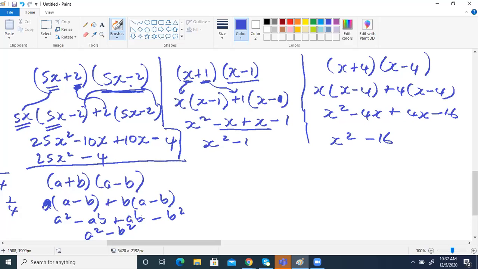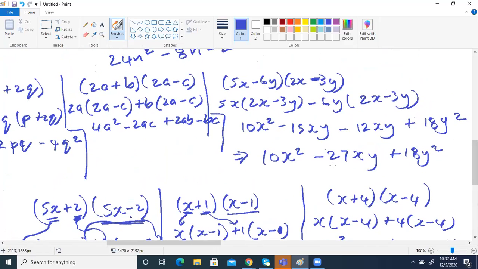I'm saying in all cases, there's no middle term. It's just two terms you end up with. Always two: we'll get 25x squared, we'll get minus 4. Unlike the ones above where sometimes we'll have something in the middle, like this one had minus 27xy, this had minus 2ac.